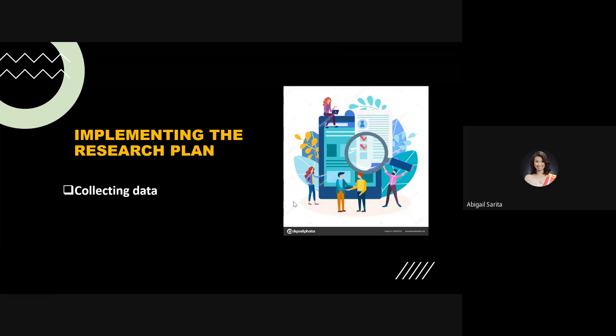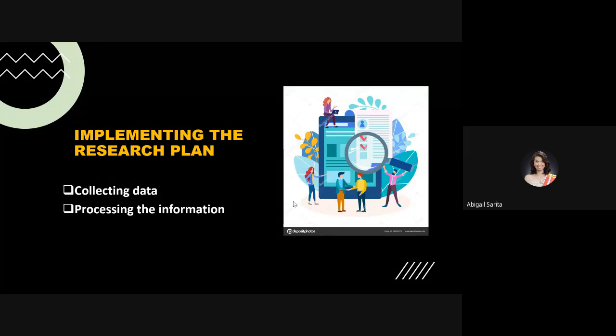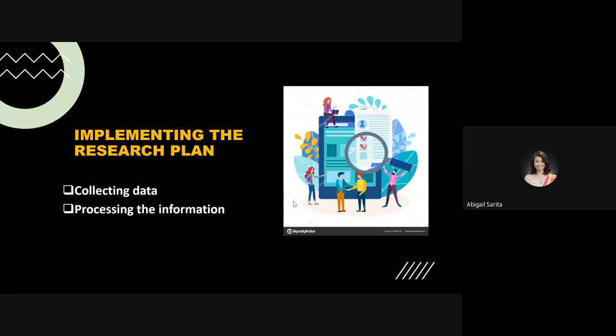So, you will collect data na gagamitin mo doon sa nagawa mong plano. Data such as saan mo siya i-implement, paano mo siya i-implement, kanino mo siya i-implement. Processing of informations. So, pagsasama-samahin mo na yung primary data, yung secondary data, para makapag-come up ka ng isang buong information or ng isang buong hypothesis or isang buong topic.